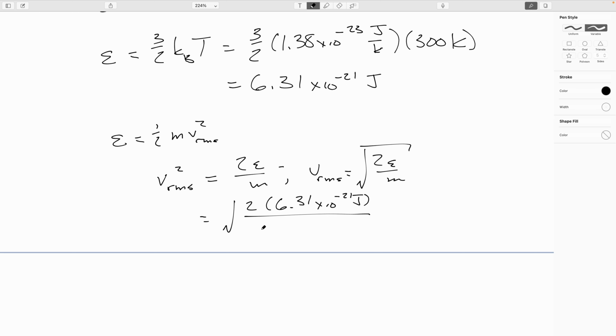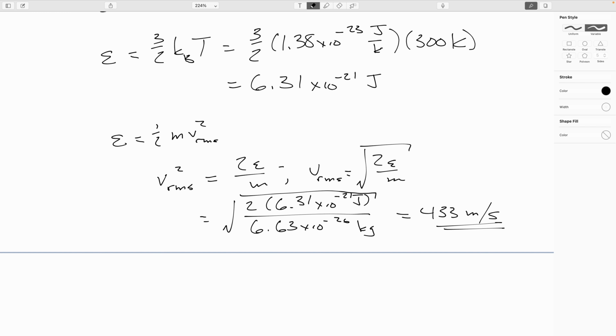And you can look up that the mass of an argon atom is 6.63 times 10 to the negative 26 kilograms, to give you 433 meters per second, which speed of sound is usually considered to be, at those temperatures, in the 340-ish meters per second range. So this seems like a perfectly reasonable number to be getting.